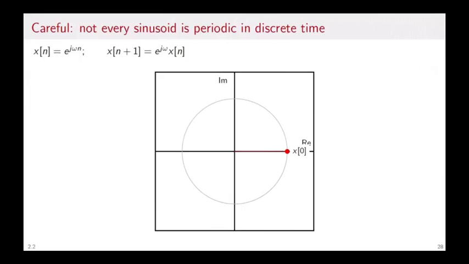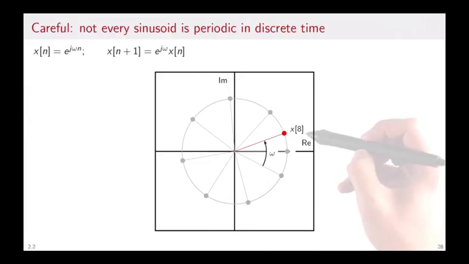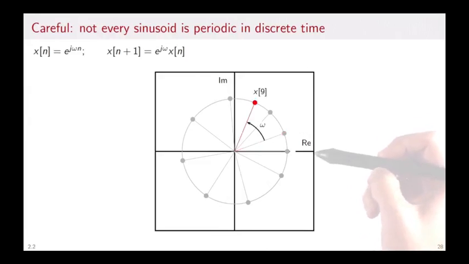And we have an example here where omega is chosen such that the result will actually not be periodic. So x[1] moved by omega on the unit circle, x[2], x[3], 4, 5, 6, 7, 8 is not back to the origin, and we can keep going like this, and it's not hard to see that this will not be periodic.